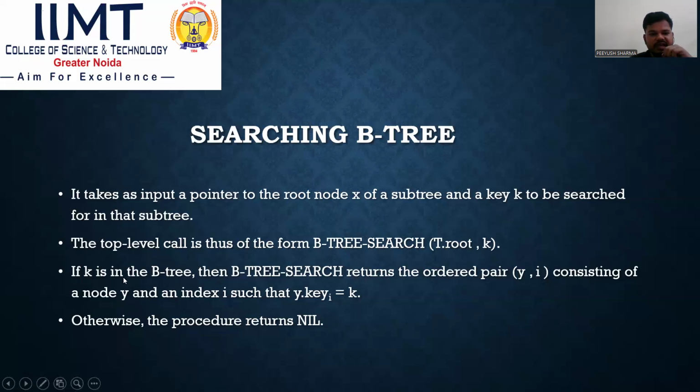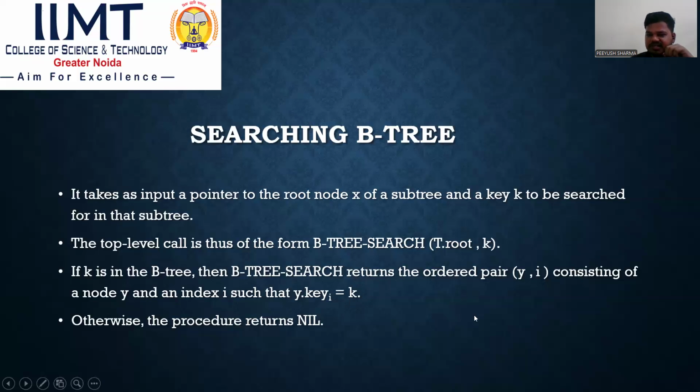So if k is in the B-tree, then B-Tree-Search returns the ordered pair (y, i), consisting of a node y and an index i such that y.key_i is equal to k.